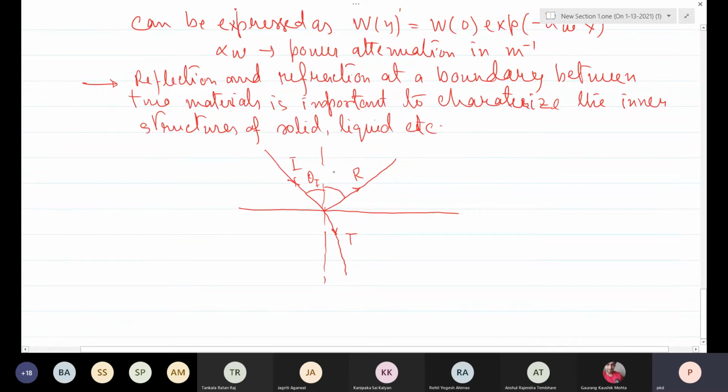Incidence angle theta I, reflection angle theta R, which are same. Then we have the transmission angle, and this incidence angle and transmission angle are related by Snell's law.